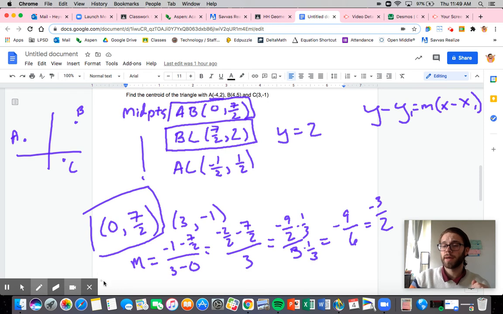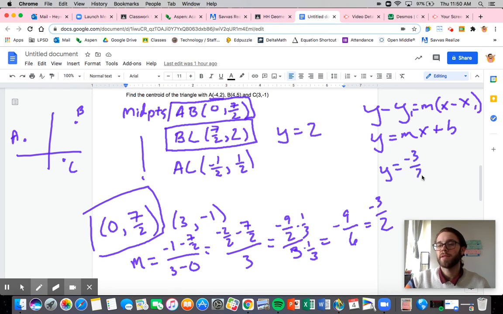So this is my y-intercept. It's actually for the best that I picked this one. If one of your points is already the y-intercept, pick it. Now you already know you're in y equals mx plus b. I have my m, here's my b. So I have y equals negative 3 halves x plus 7 halves.